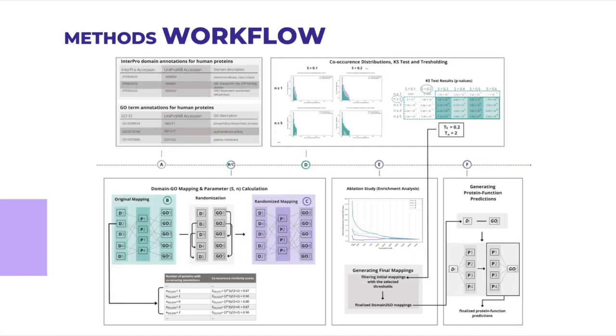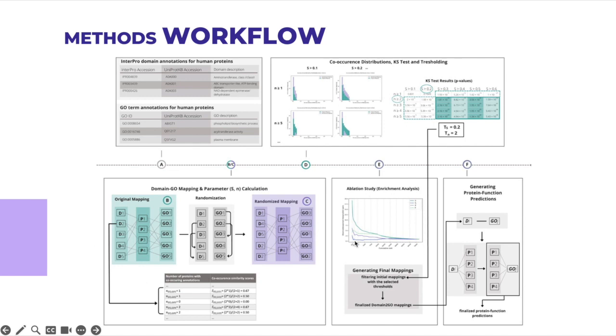In this figure, we can see the overall methodology of Domain2Go. This approach generates domain GO term mappings by combining domain information from proteins with their corresponding GO term annotations obtained from InterPro and UniProt Gene Ontology annotation databases. To ensure highly reliable associations, we utilized statistical resampling techniques and analyzed the co-occurrence of domains and GO terms on the same proteins.